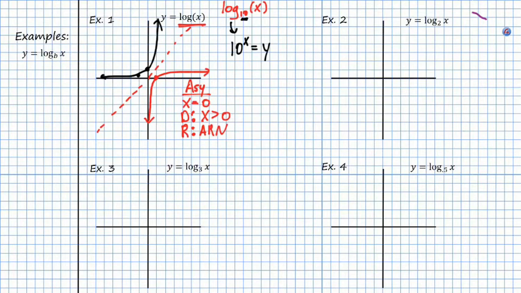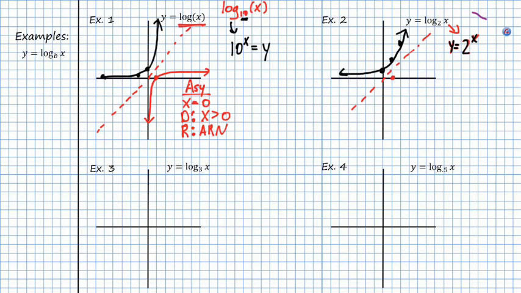All right, so let's look at some others. So log base 2 of x, that's going to become 2 to the y is equal to x. So again, we have our points, 1, 2, 3, 4. And we graph our original function. And now we have to transform it, aka take the inverse.